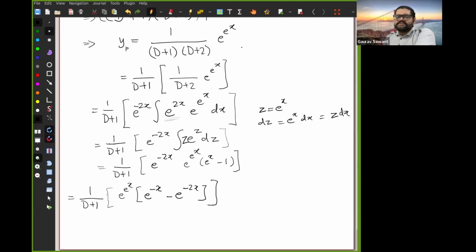Now the next part is slightly tedious, but I will keep this as an exercise because it can be done, just that it will take somewhat longer. So I will have e power minus x integral e power x times e power minus x minus e power minus 2x dx. It is not too lengthy also.